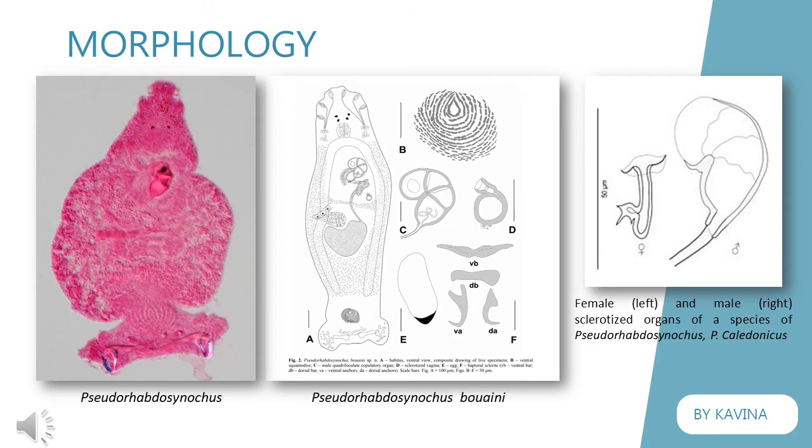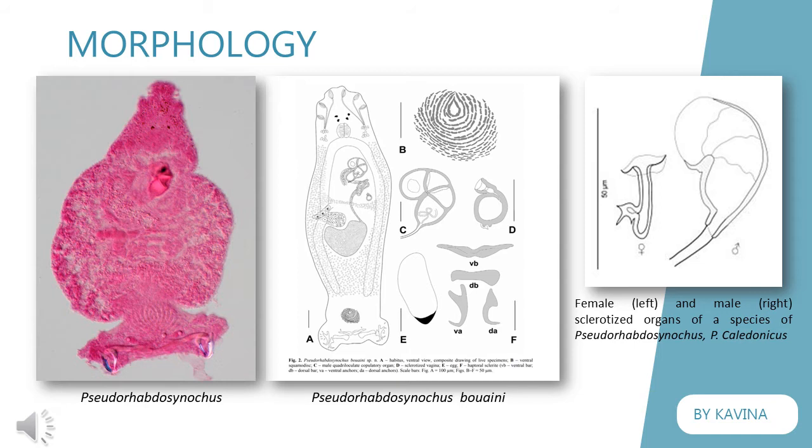Among the species of Pseudorhabdosynochus is Pseudorhabdosynochus bowini, which has such morphology in these pictures. Of the figure 2, Pseudorhabdosynochus bowini: A. Habitus, ventral view, composite drawing of live specimens.